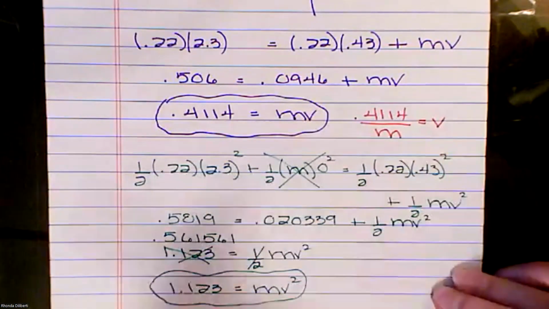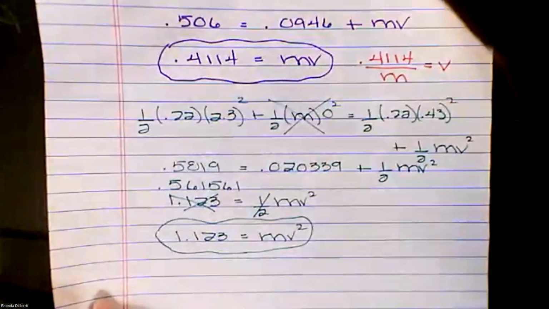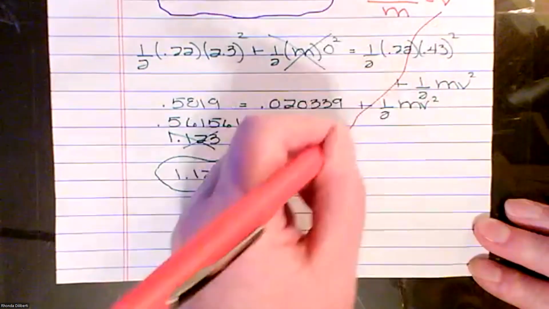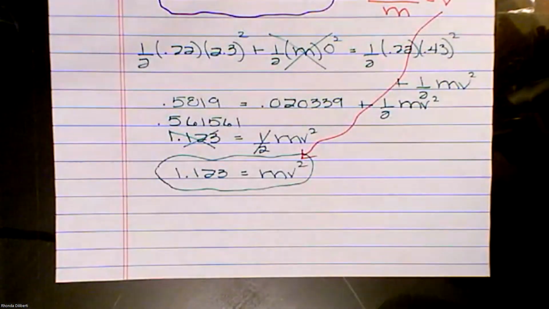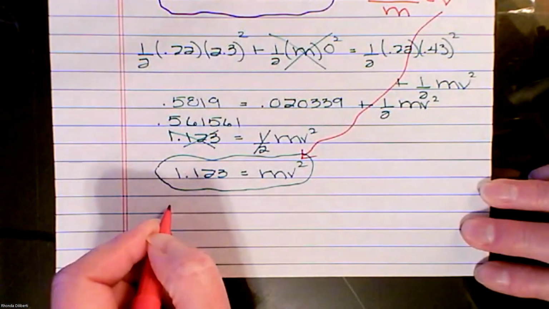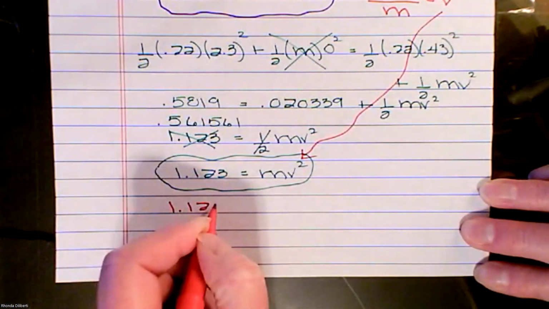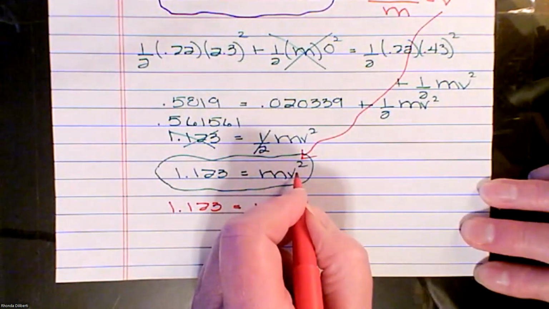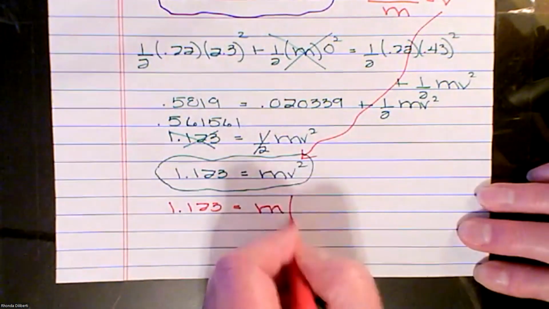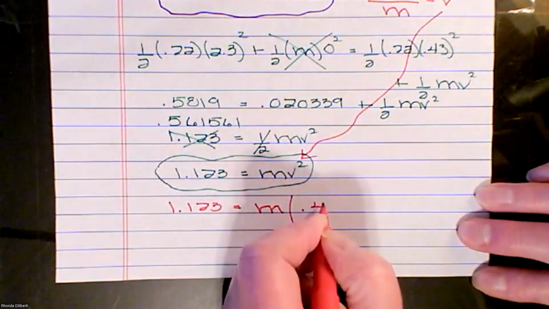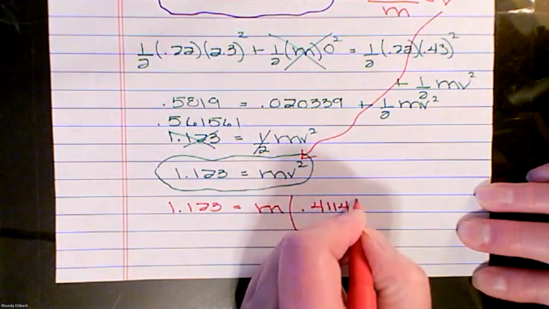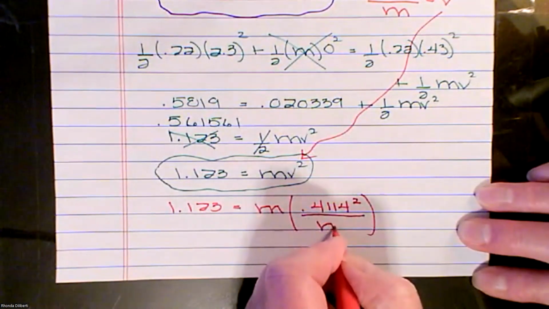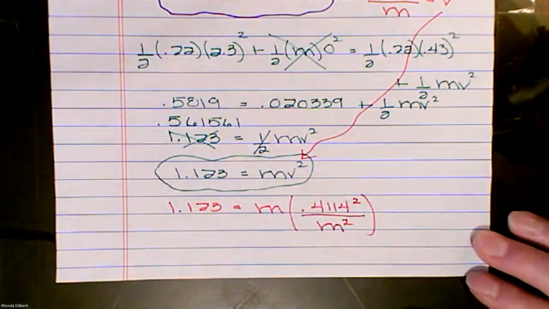So now I'm going to take that v and plug it in right there. So I get 1.123 equals m, and now I'm going to plug in the v and square it. So that's going to be 0.4114 squared over m squared.